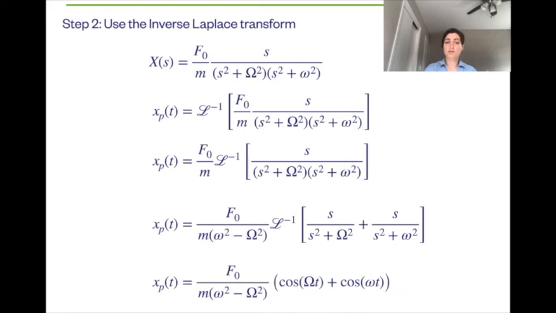And now that we have the inverse Laplace of two simple expressions, we can recognize them as being cosines, and here we have our particular solution. A fraction based on the amplitude of the forcing term over the mass times the difference between omega and capital Omega, times cosine of capital Omega t minus cosine of omega t.